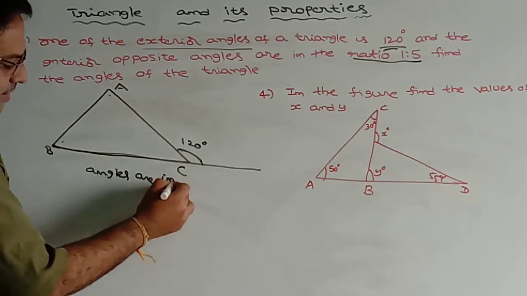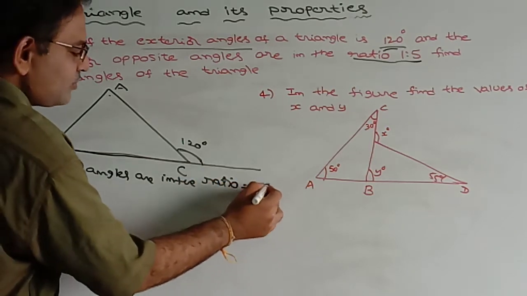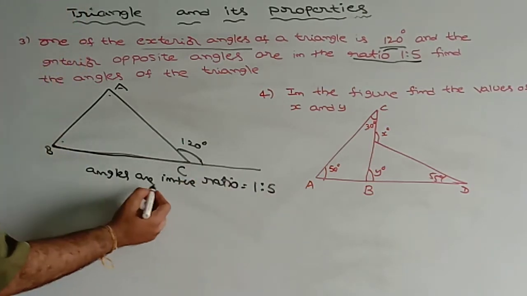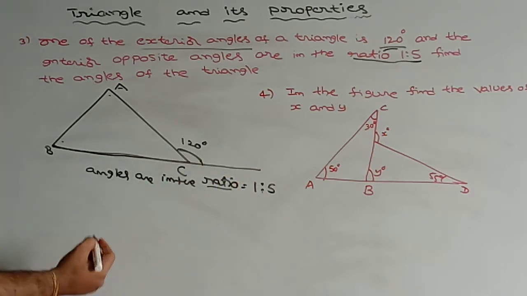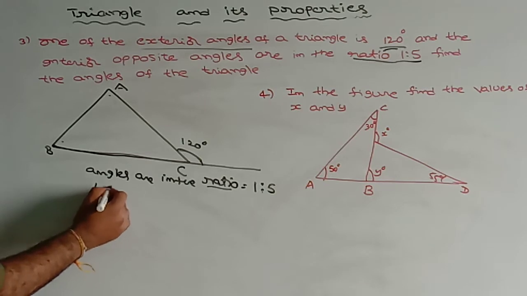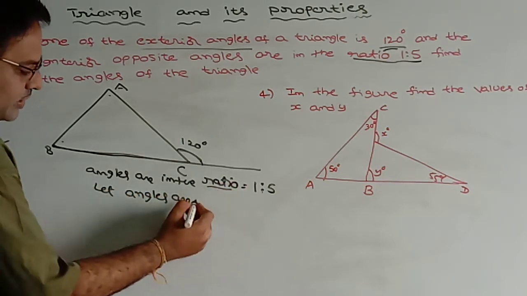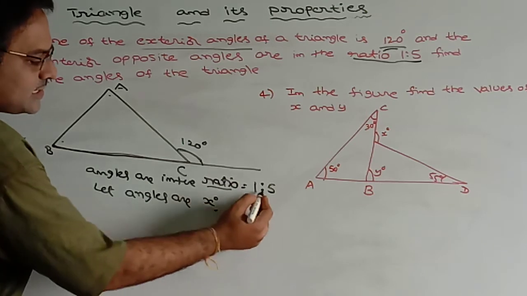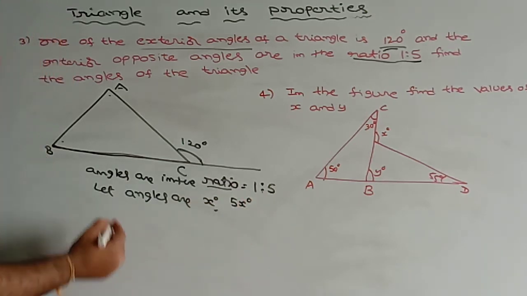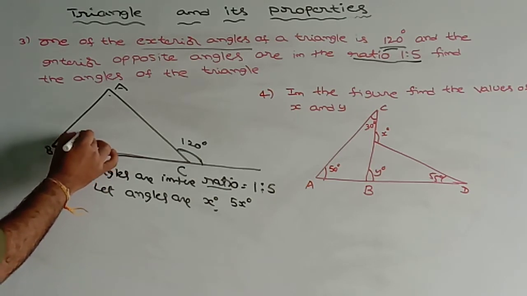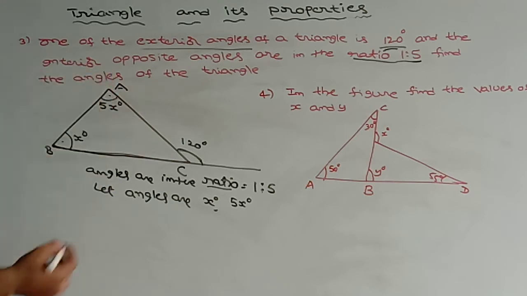So when ratios are given, let the angles be x degrees and 5x degrees.